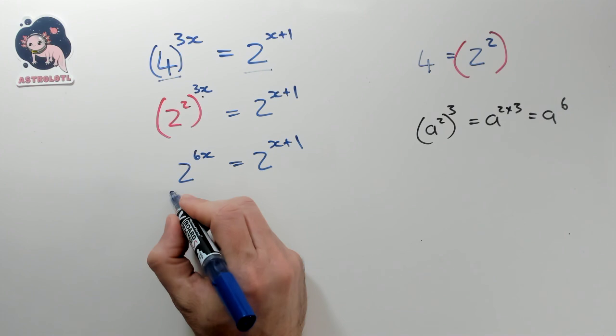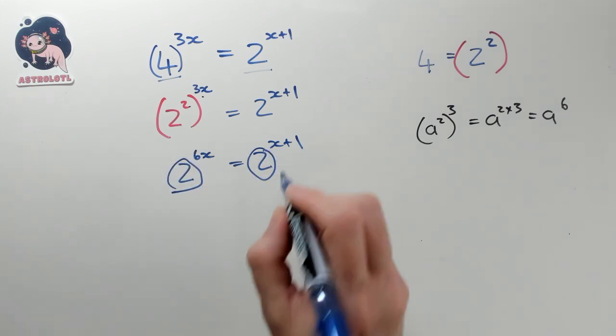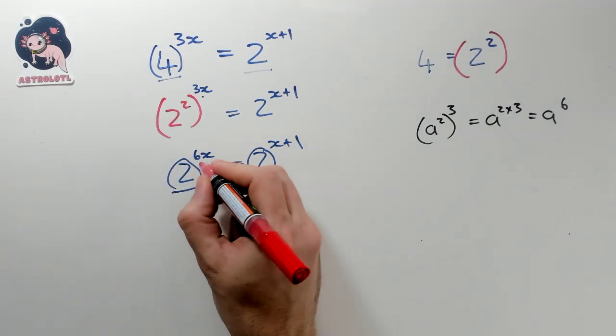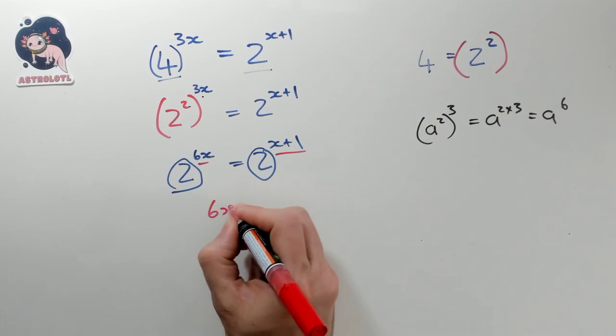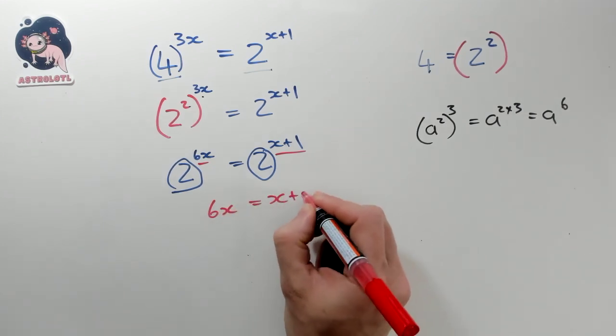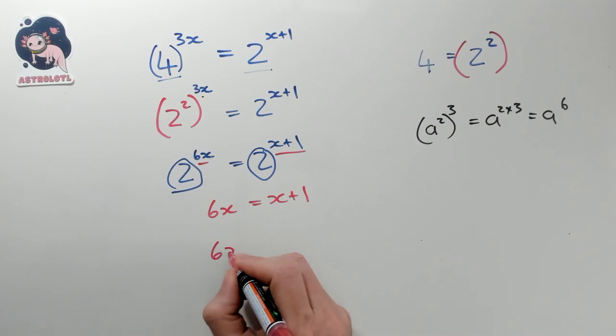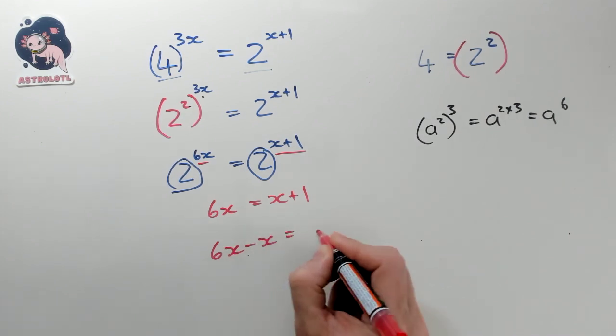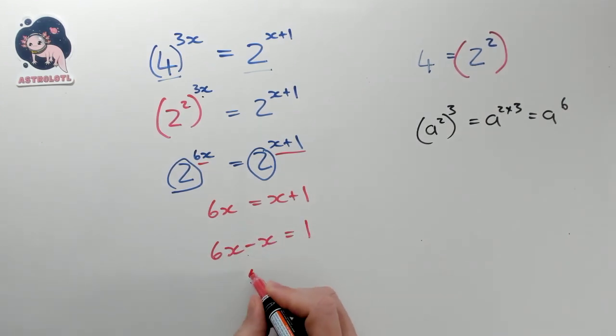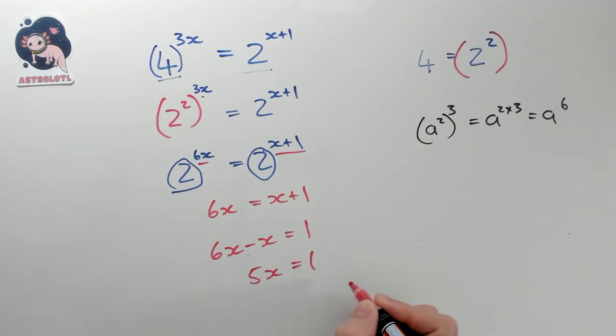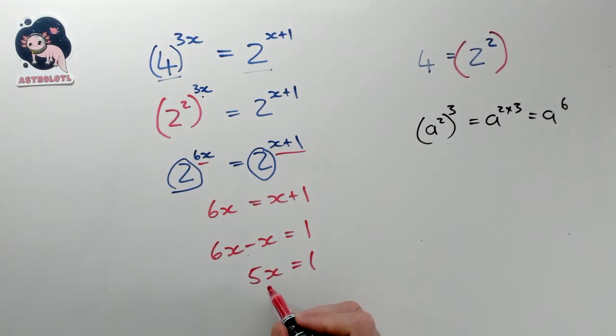Finally, my ground numbers are the same, so I can write this as an equation on its own: 6x must be x plus 1. I subtract x on both sides and have 5x equal to 1. I don't want 5x, I want x, so I divide by 5 on both sides, and x is then a fifth.